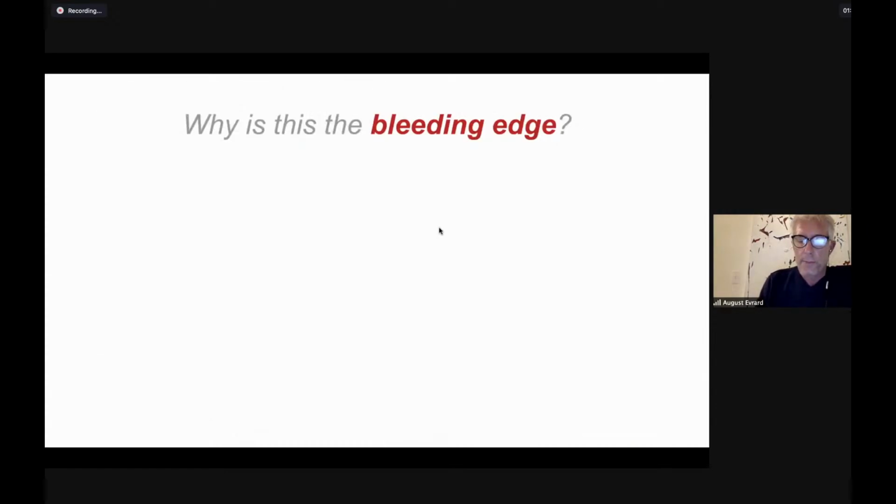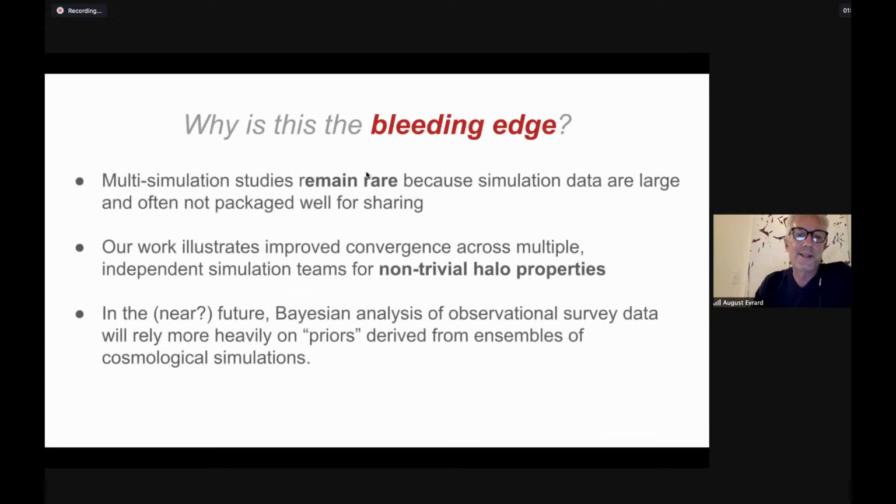All right, so that, believe it or not, was the bleeding edge that I wanted to present to you from simulations. And you might go, well, really, that's the bleeding edge? Well, I would argue that it is, in the sense that multi-simulation studies of the type that we've done are actually pretty rare in the literature, and it's really because they're hard to do. We were fortunate in that we're looking at a high-level derived property.